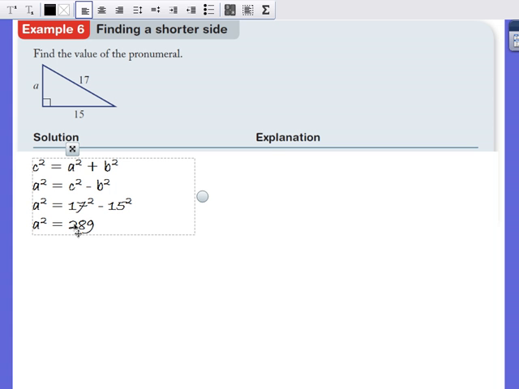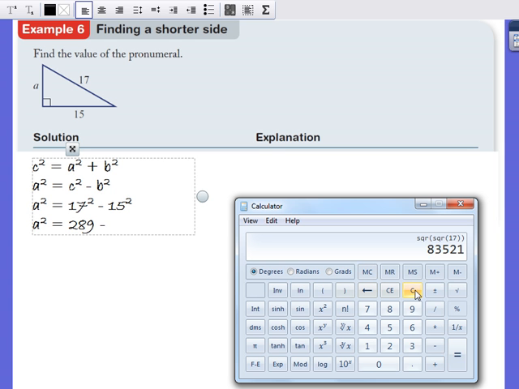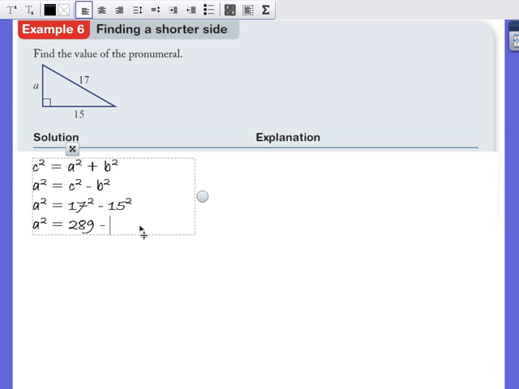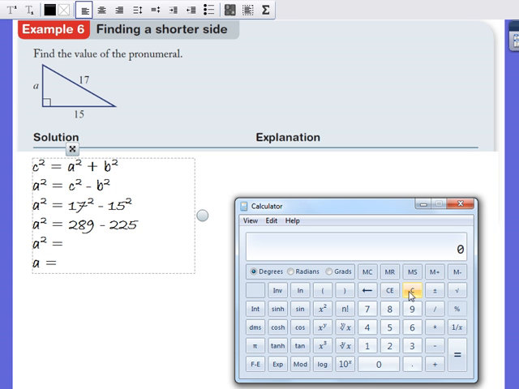289 minus 15 squared. 15 squared is equal to 225. So using my calculator again, 289 minus 225 gives me 64.